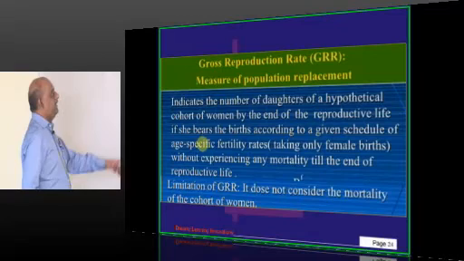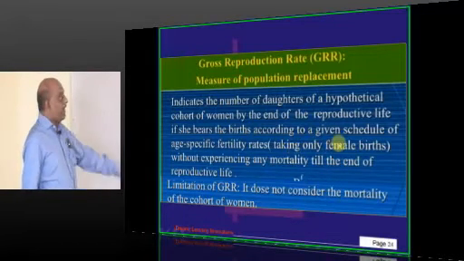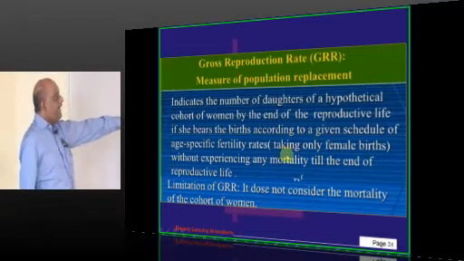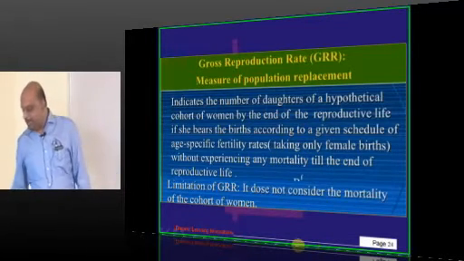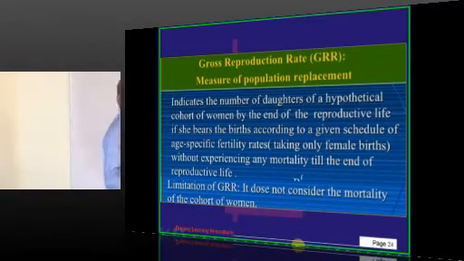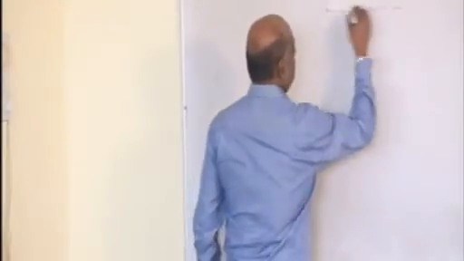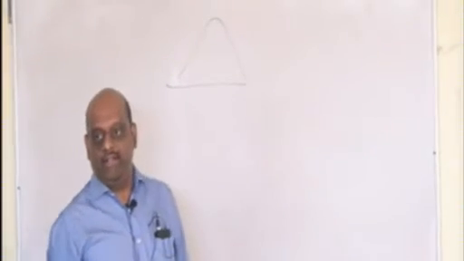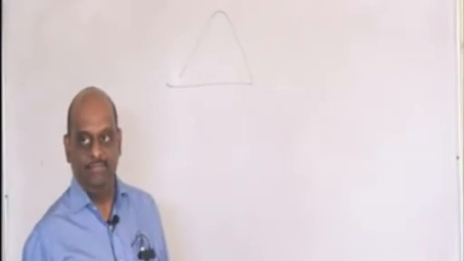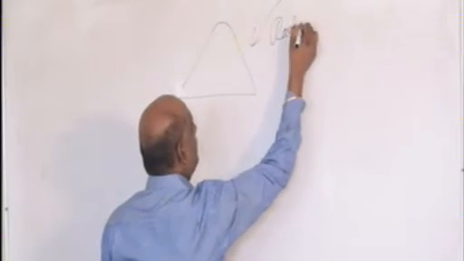Okay, and if she bears the births according to the given schedule of age-specific fertility rate without experiencing any mortality. For example, let us say we are all living in one island, doctor, in Korea. Assume there is a huge radiation in that island.